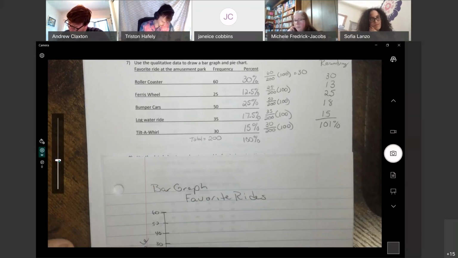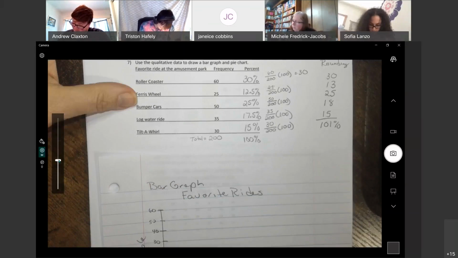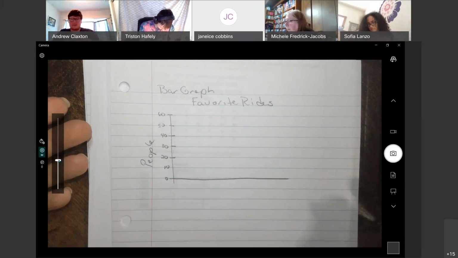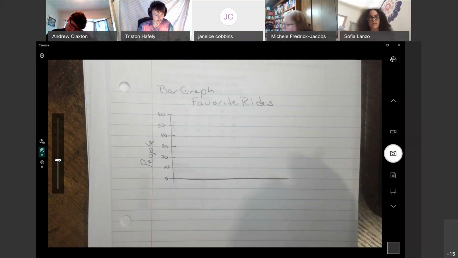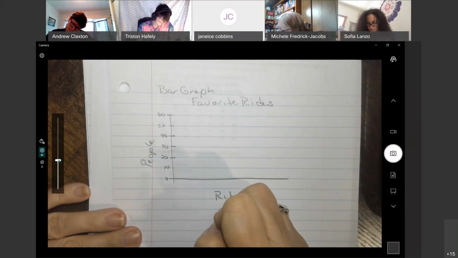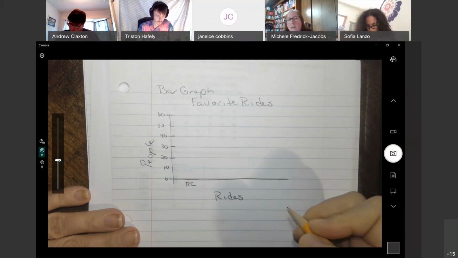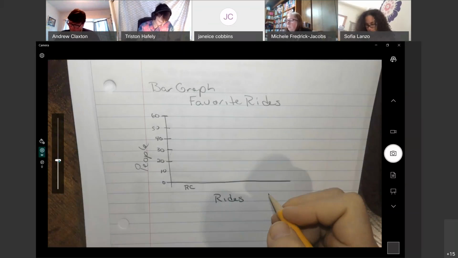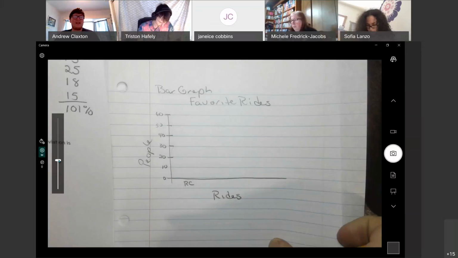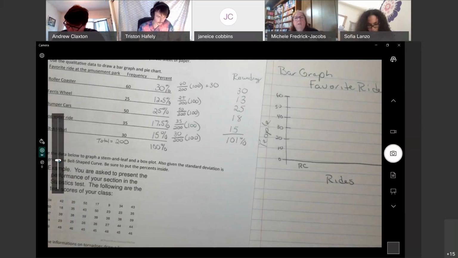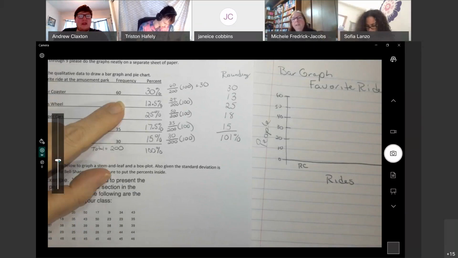People or riders. And then across the bottom would be the data, which was rides. So the first one was roller coaster. And if you look at your frequency, the roller coaster went up to 60.